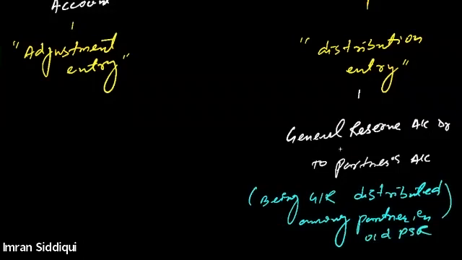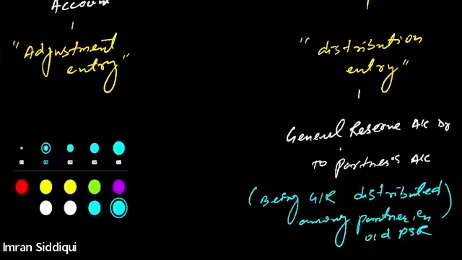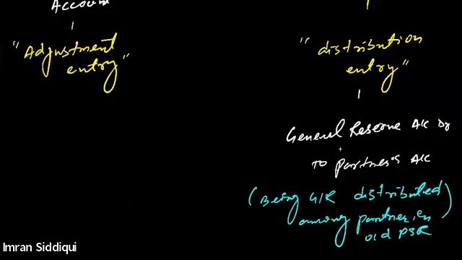But when it comes to the adjustment entry, we need to first of all determine the gaining and sacrificing shares of the partners. Based on the change in the PSR, we need to first find out who is gaining and who is sacrificing on account of reconstitution.